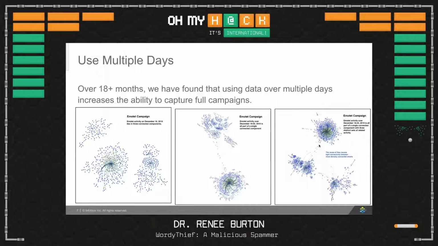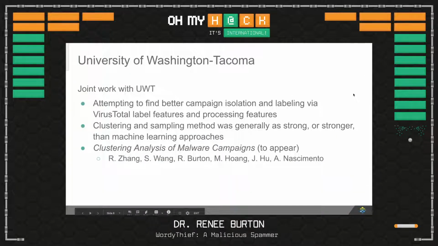And then if I look over this, I think it's a 6-day period, you get what I consider to be a classic Emotet signature of three big clusters that are just loosely connected to each other. So it gives us a better sense of understanding the full campaign and also how that particular actor might be acting.